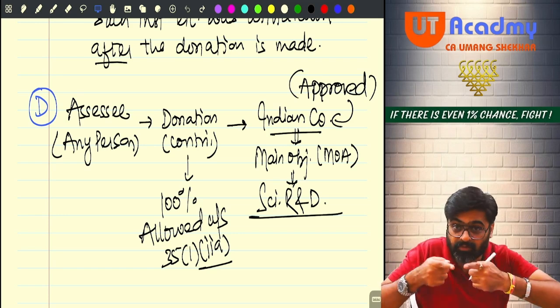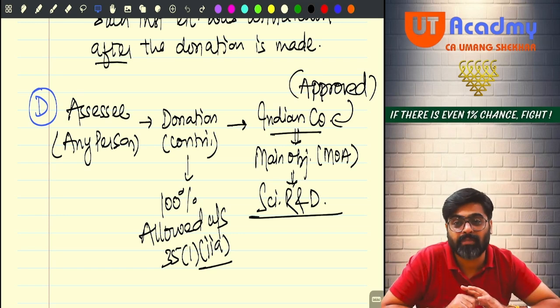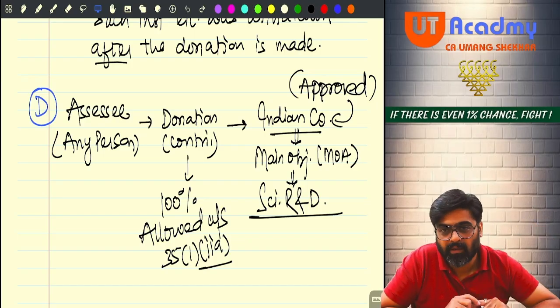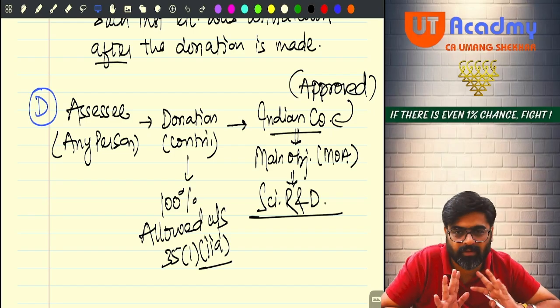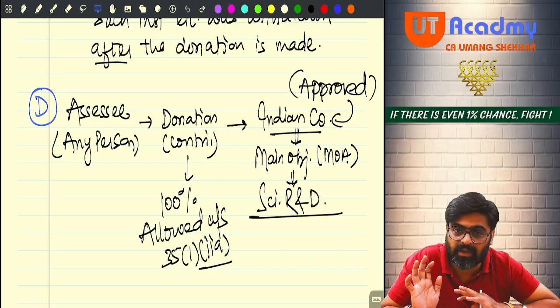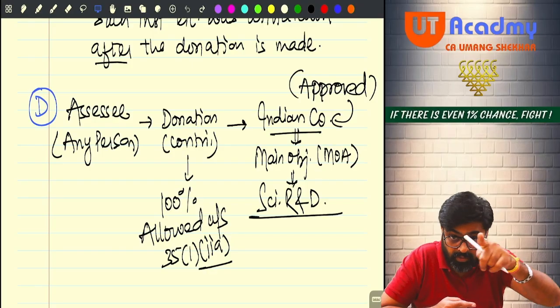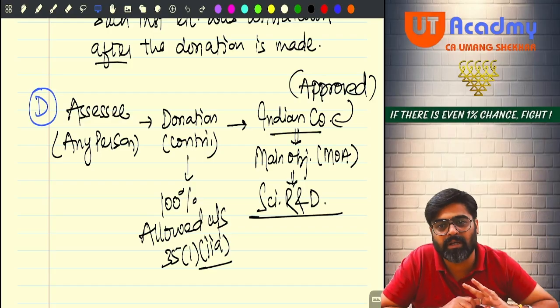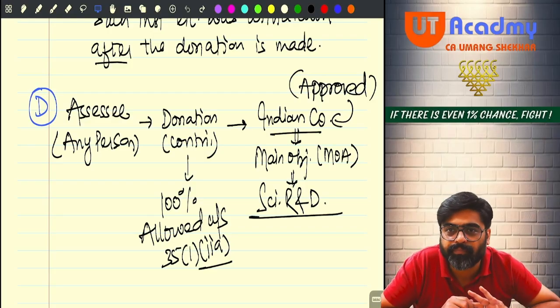Only then will that assessee come and donate to such companies. Earlier, there used to be a good percentage for this. Right now, it is 100%. The entire amount donated to such companies will be allowed as a deduction. Even if it is donated to these Indian companies and not an approved institution, the amount will still be allowed as a deduction under Section 35. Will you remember this? Section 35 done.